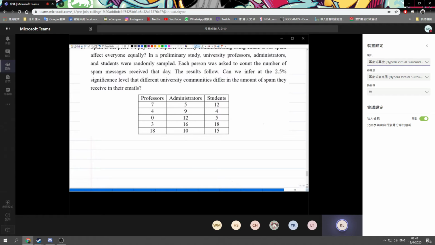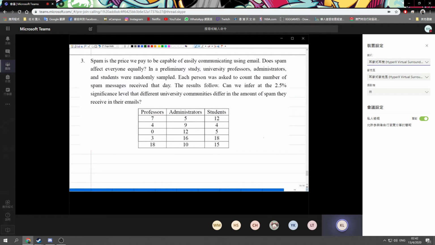We have the amount of spam they receive in the emails of 3 groups of staff or persons in the university. So professor, administrator, and students.